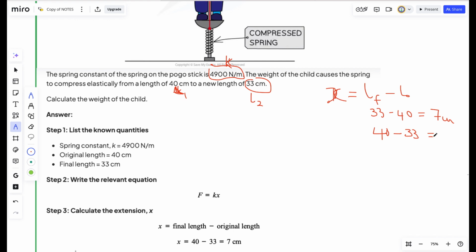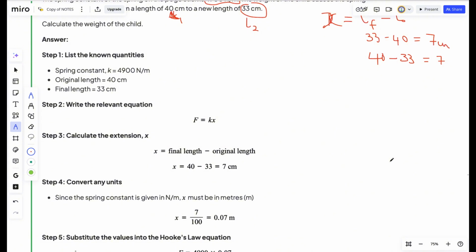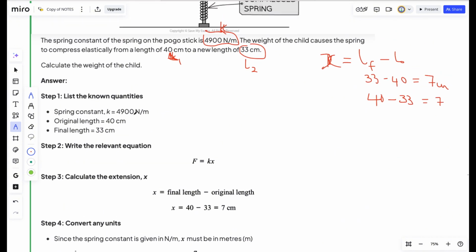Why should we change to meter? What's the point of changing to meter? Because the spring constant is in Newton per meter. If the spring constant was in Newton per centimeter, there would be no need to change this 7 centimeter.